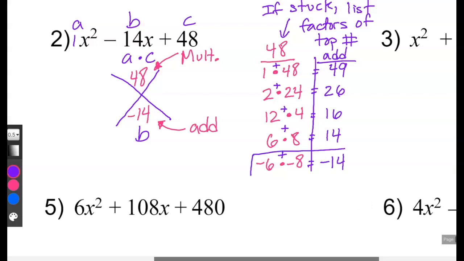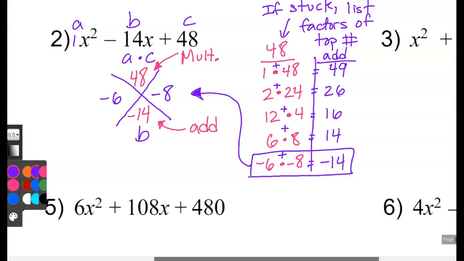Oh, yes, it is. So, what should I put on the sides of my x? Negative 6 and negative 8. I'm not done, though. What's my last and final step to put this in the right format? Two sets of parentheses.